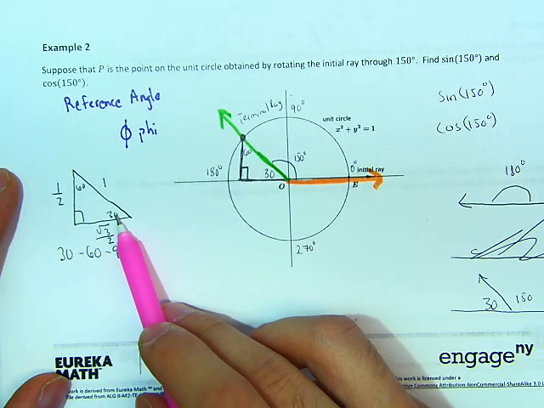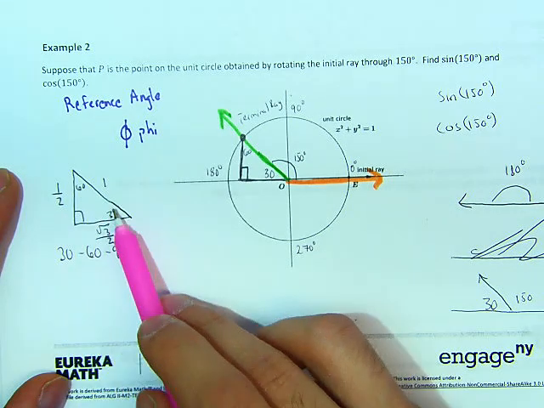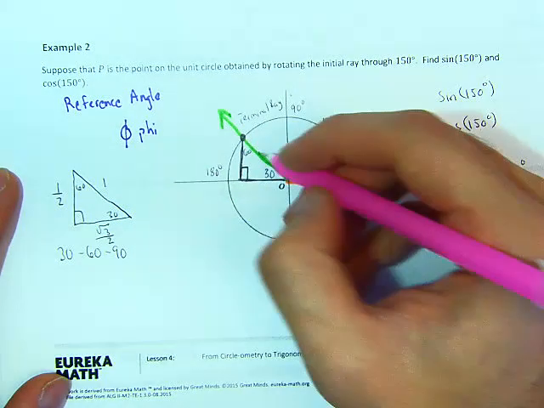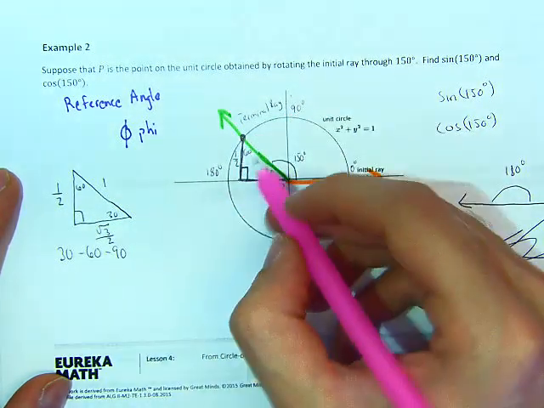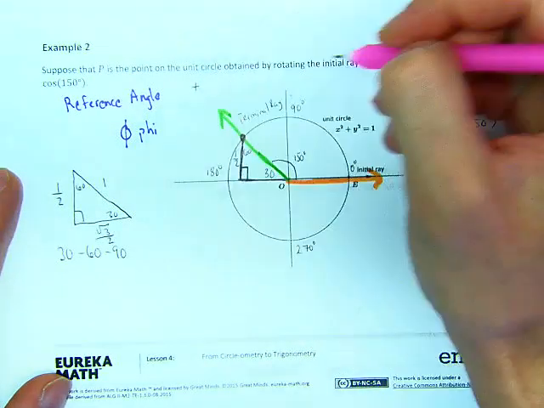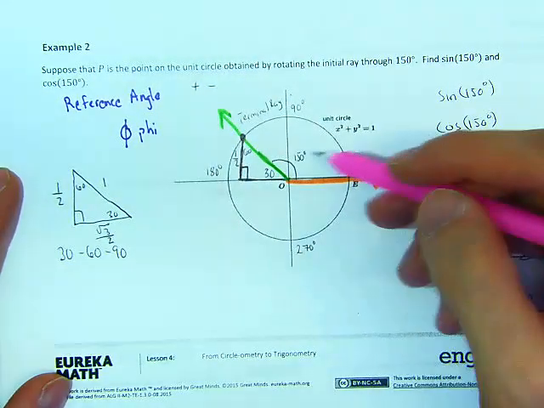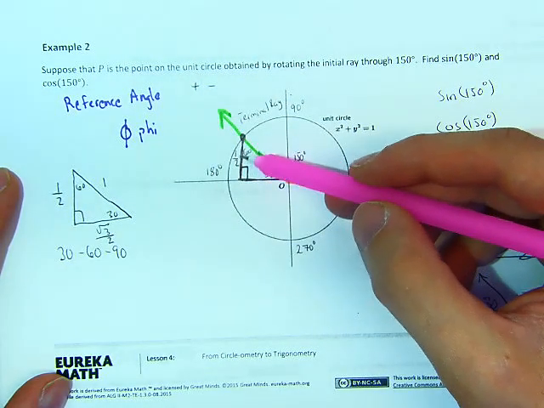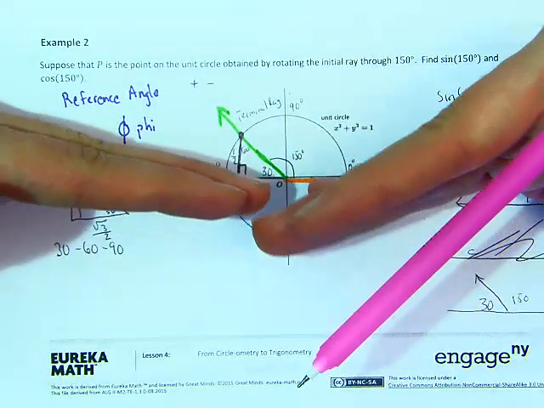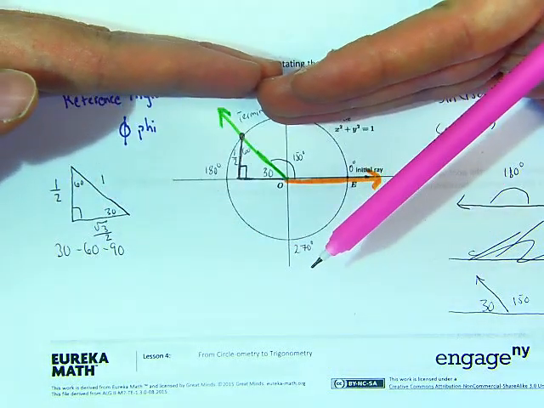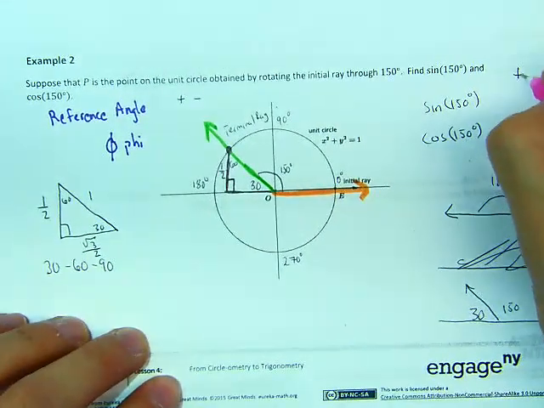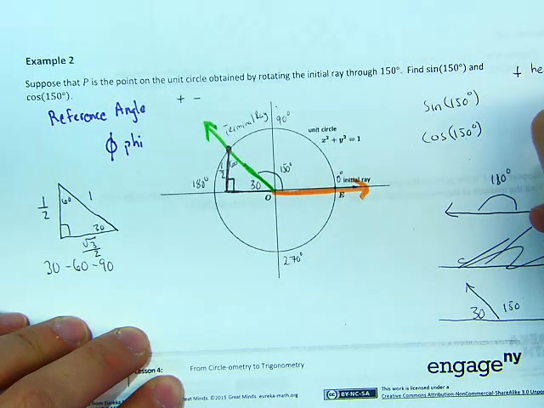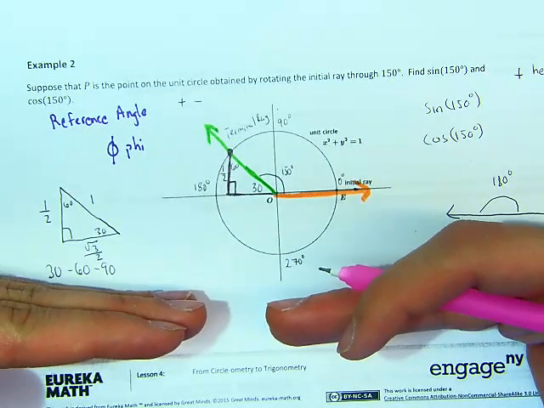What is our opposite over hypotenuse? It's just 1/2. The question we have to ask is, is this 1/2 positive or negative? It has to be positive, because everything above the x-axis is positive height, and below is negative height.